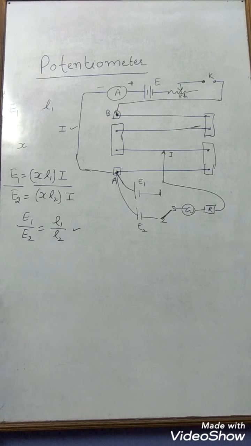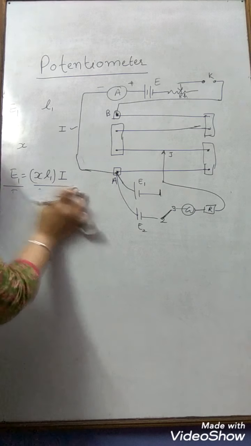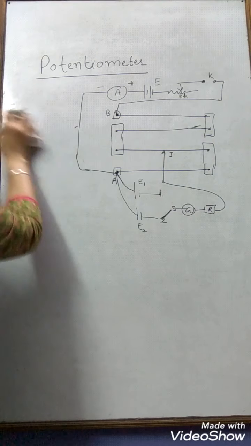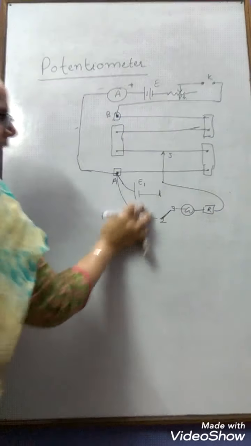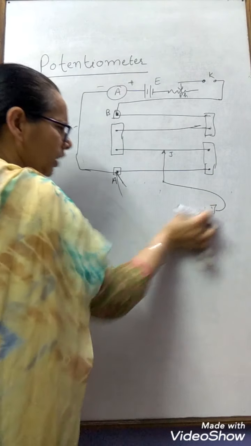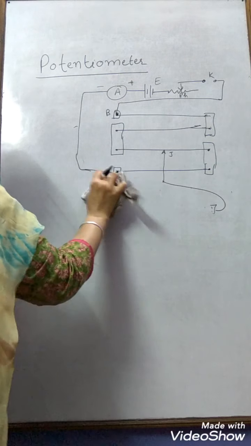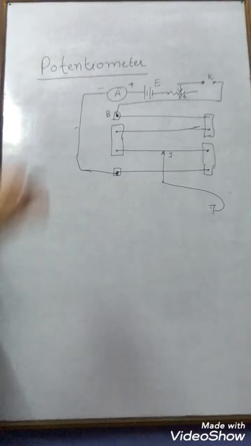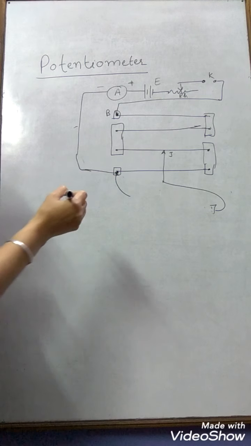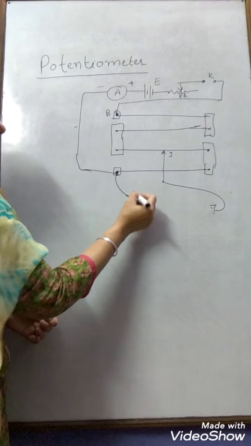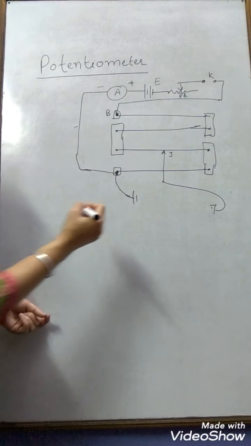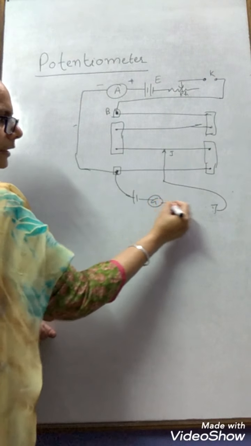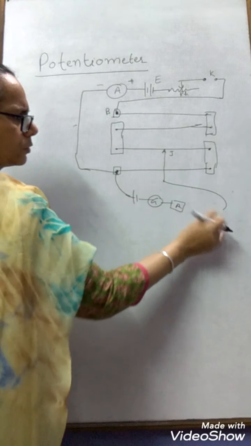And then the last one, where we calculate the internal resistance of the cell. For that, again we change this setup. The other circuit remains the same. Now we have a cell whose internal resistance is to be calculated. Here we have the galvanometer, then again the resistance box.